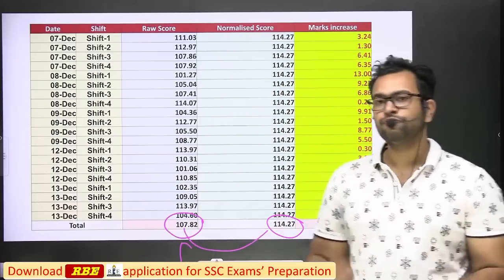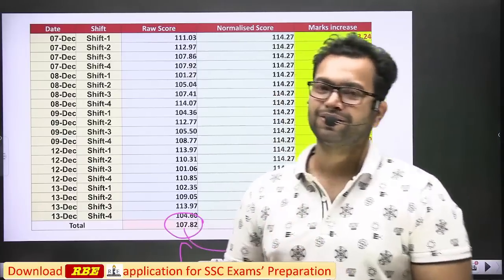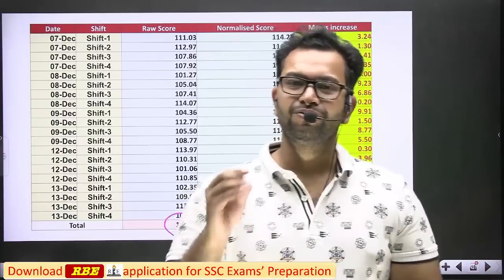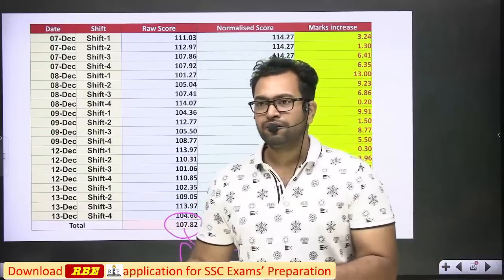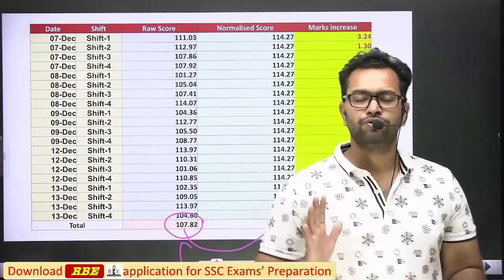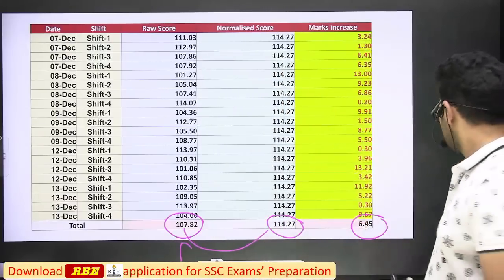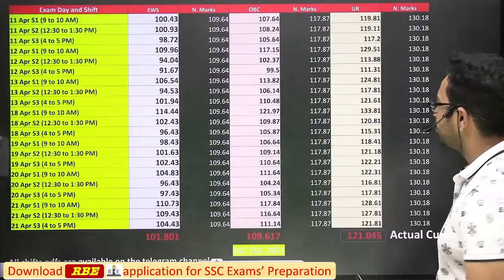Why? Because if you score 107 in SSC CGL 2023 from unreserved category, you won't qualify tier 1. Even if the exam level increases, this score won't be sufficient to get you qualified in tier 1 examination, right?